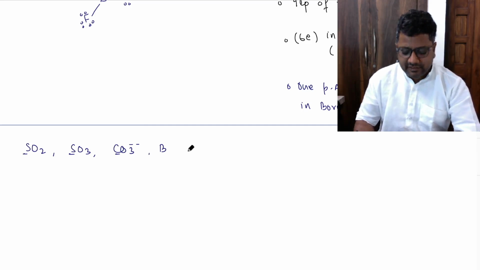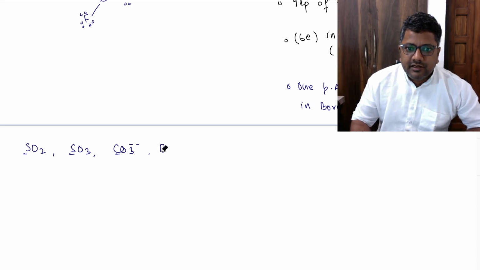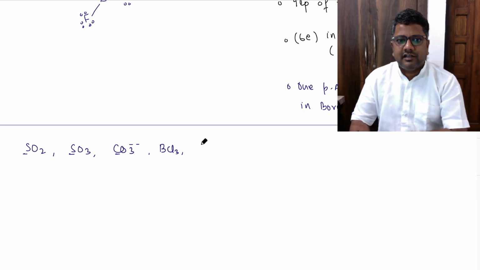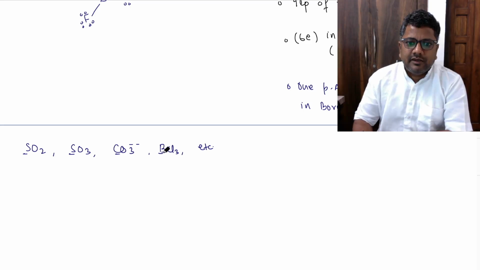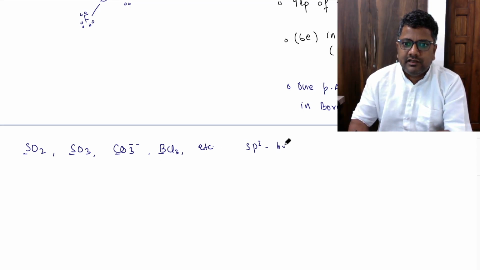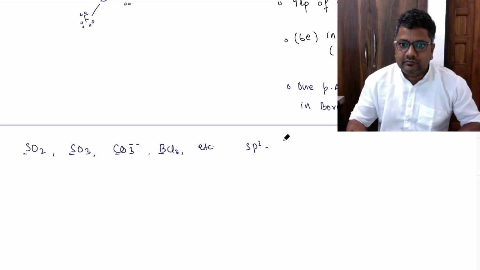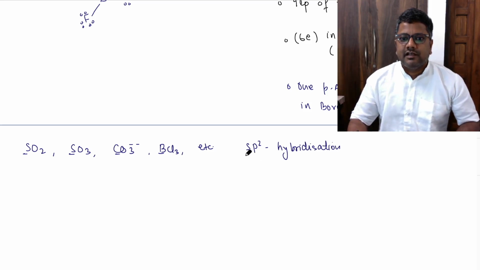Similarly, similar molecules like BCl3 and so on, all have sp2 hybridization.